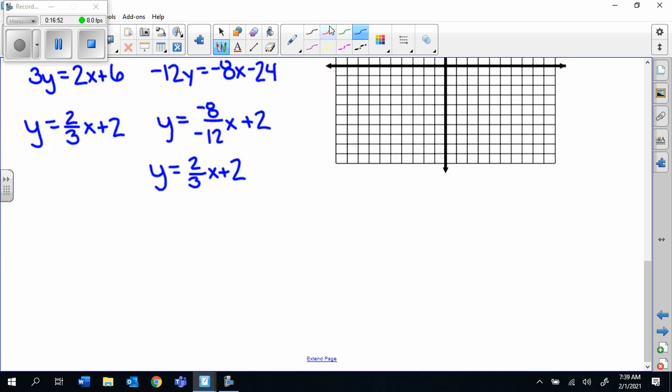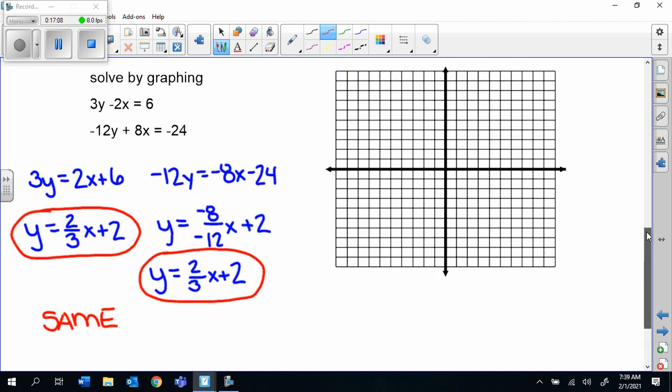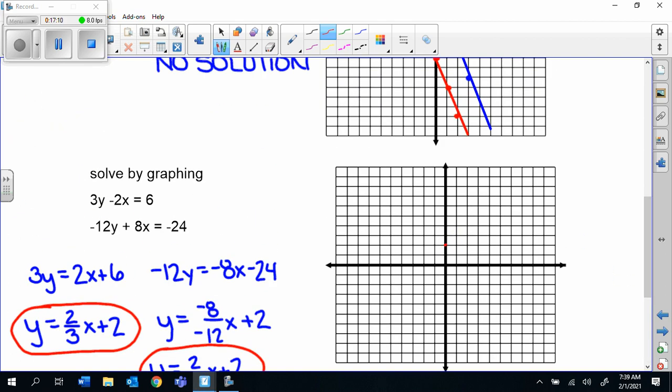So I can graph these, but take a second and look. It's the same line. This is the same slope and the same y-intercept. It's exactly the same. If we were to graph this, it would just be 2 graphs that are literally on top of each other.